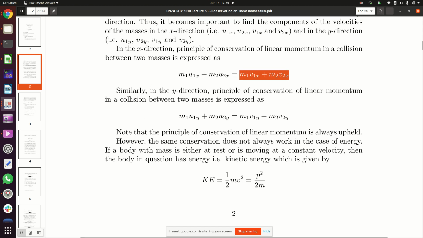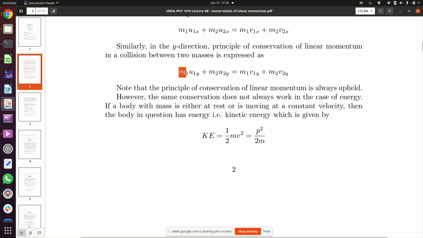You can also extend this same reasoning to the y direction. Then you're going to say this here is the momentum of the first object before collision along the y direction. That's given by m1 u1y, plus the momentum of the second object before collision along the y direction, which is m2 u2y.